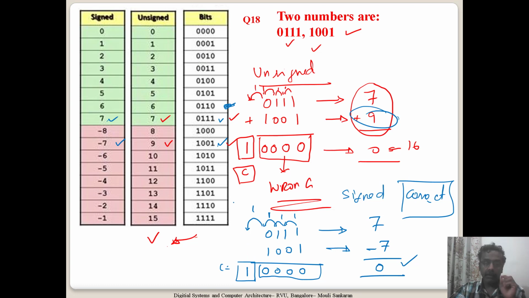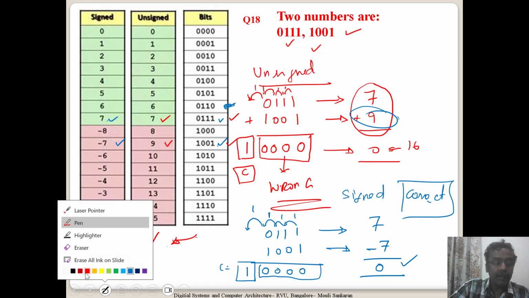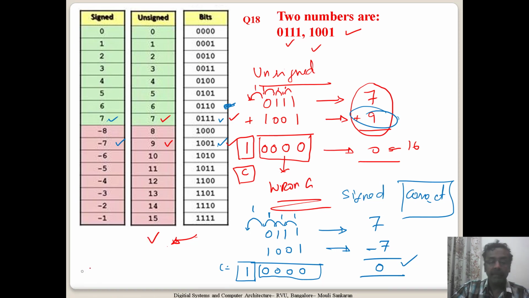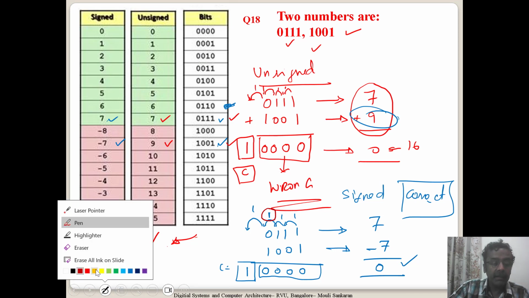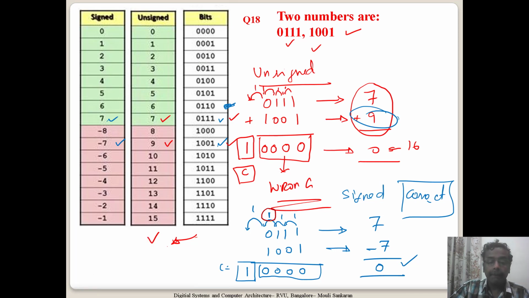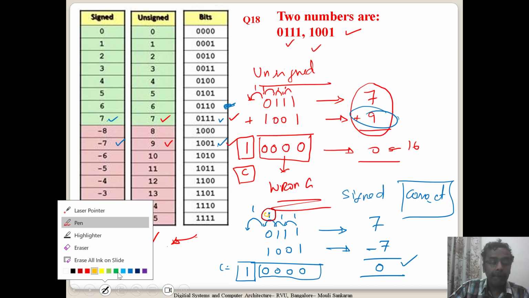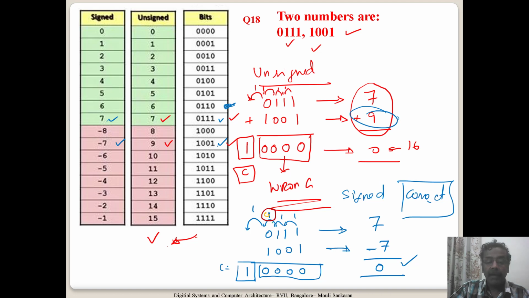Now what is done is the overflow flag is used for that purpose. So let me explain what I mean by that. Now there is a flag, so let me use a different color so that we understand clearly. Now this value is 1.